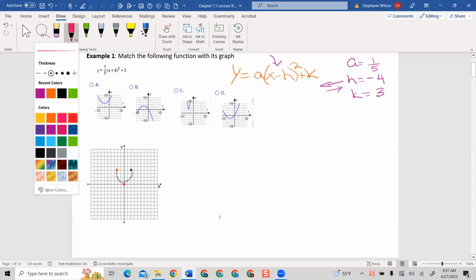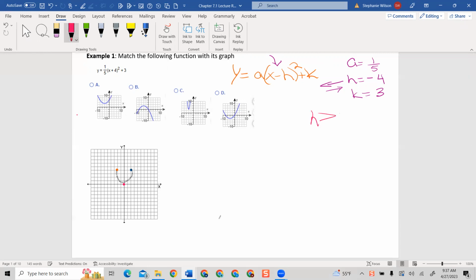If h is greater than 0, that means it's a positive number, and we're going to move to the right that number of units. However, remember in college algebra, this is the opposite. It flips. This is trig though, so we're doing it in this format. If h is less than 0, meaning it's a negative number, then we're going to move to the left that number of units. If you notice, this one here is negative.